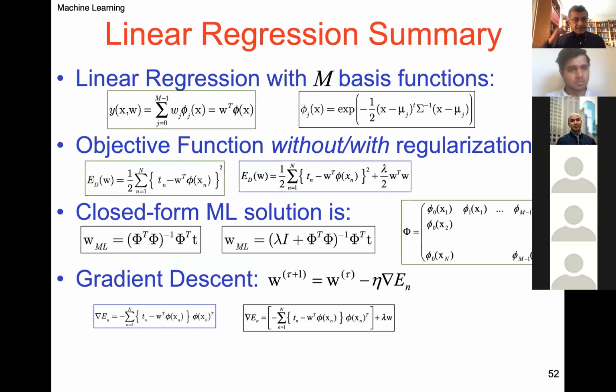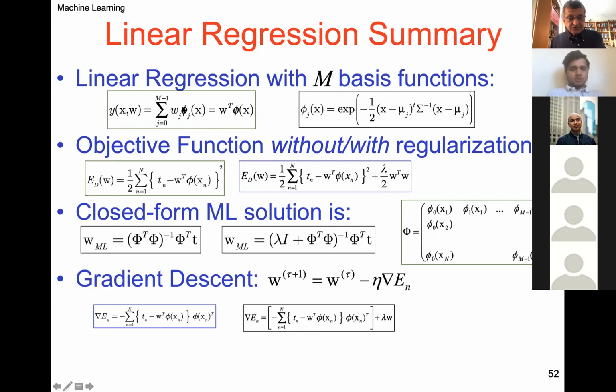So, summarizing linear regression, I just threw in all the equations you need. It might be a little bewildering when you're new to machine learning, but you can get a mastery over these equations. The output y of x comma w is written as a summation over phi j.